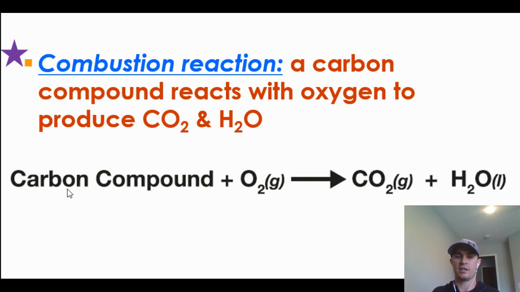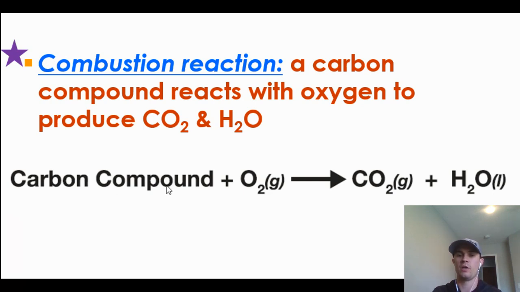Anytime you see a big C6H12O6, that's glucose, that's sugar. That's what happens in your body all the time. Your body burns sugar and oxygen, and you give off carbon dioxide and water. Those are waste products for you. So that's an example of a combustion reaction. We could also say that carbon compound could be a log. That wood is carbon based.